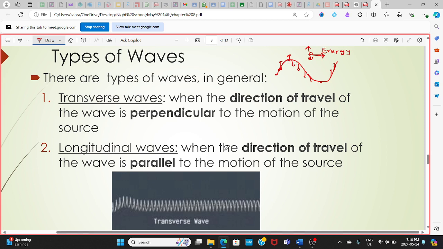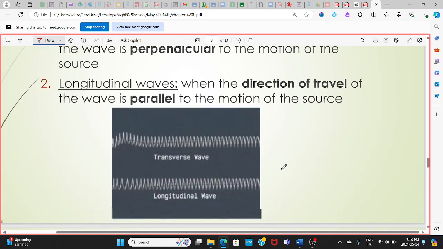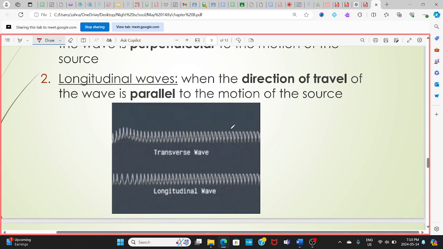Longitudinal waves are when the direction of travel of the wave is parallel to the motion of the source. An example is this spring, right? If you look at this spring, it would be compressed and stretched. At some point it's very compressed, and here it is stretched.